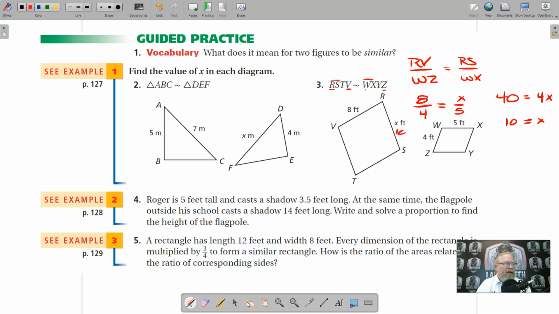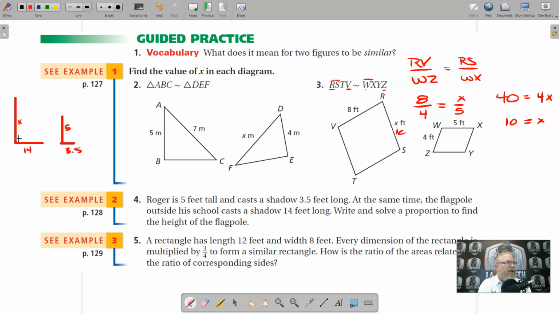If we sketch out a picture, many times it's good to draw a picture if need be. Roger is 5 feet tall and has a shadow of 3.5, and the flagpole casts a shadow of 14, and we don't know how tall the flagpole is.